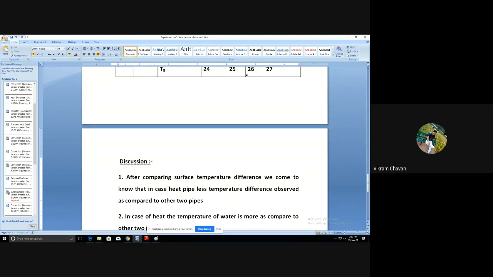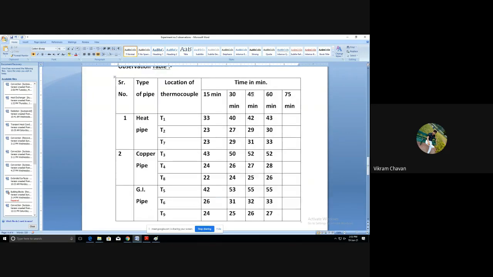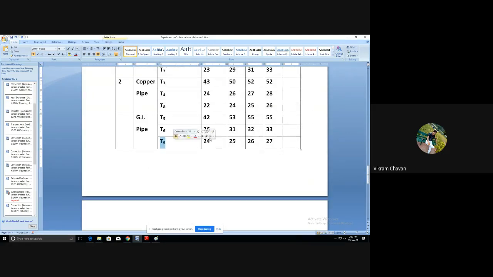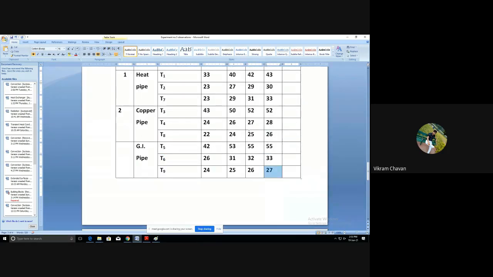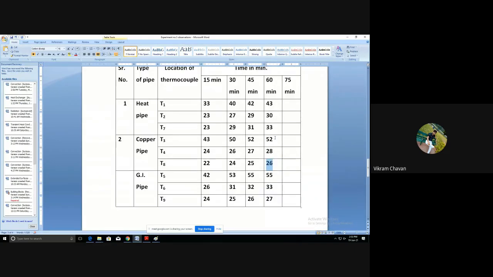So let us see the water temperatures. For the GI pipe, the T9 thermocouple measures the water temperature and it is equal to 27 degrees Celsius. For the copper pipe, the T8 thermocouple measures the temperature of water and it is equal to 26 degrees Celsius.